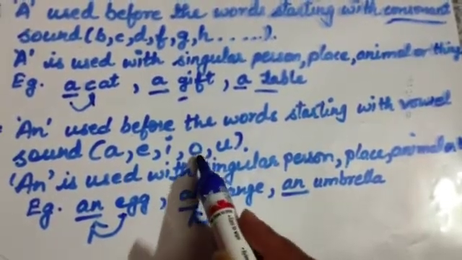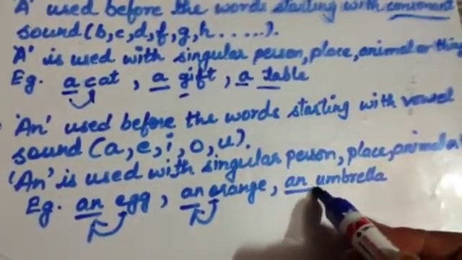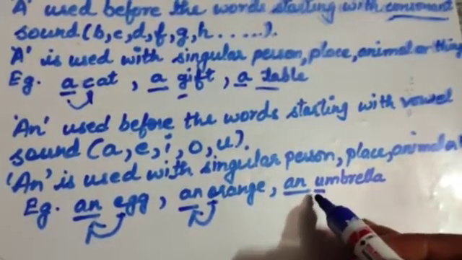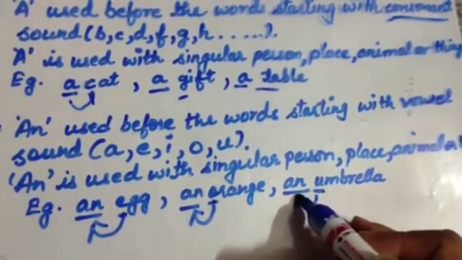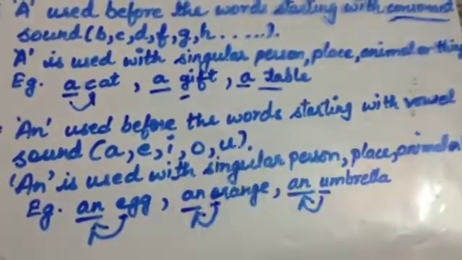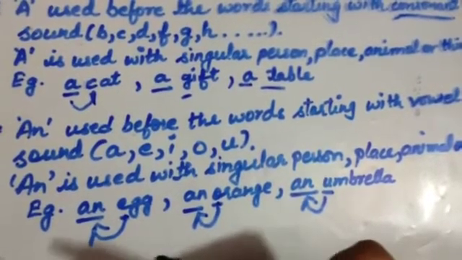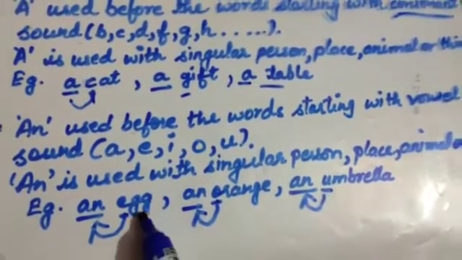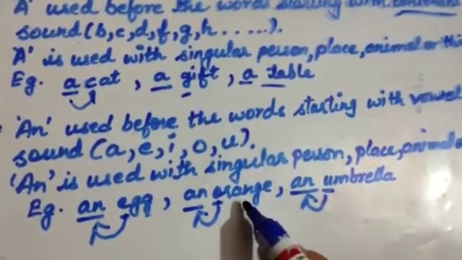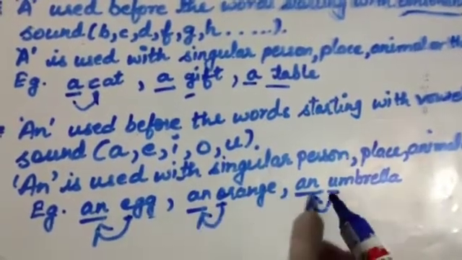The next, an umbrella, sounding U-A. Before that, what will we use? An, because U is a vowel. Similarly, an apple. So you can see there is only one egg, one orange and one umbrella. That's why we are using an here.